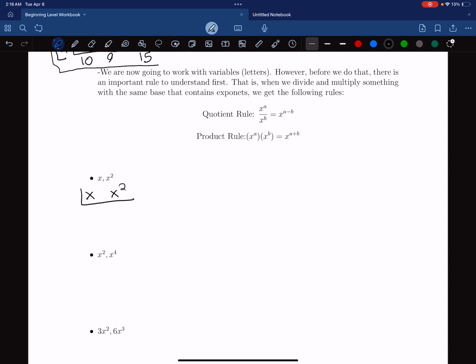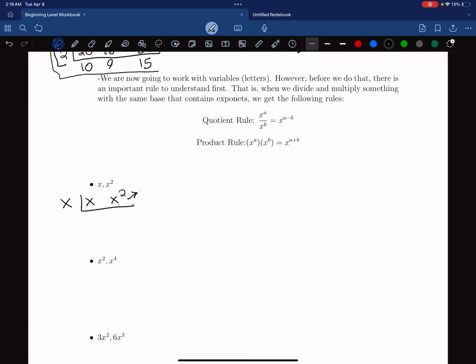In this case, we can pull out an x from these two because these both have an x in common. So if we think about it, what is x squared? Well, we know something squared means this thing multiplied by itself 2 times. So x squared is just x times x. So we can pull out an x from these two.